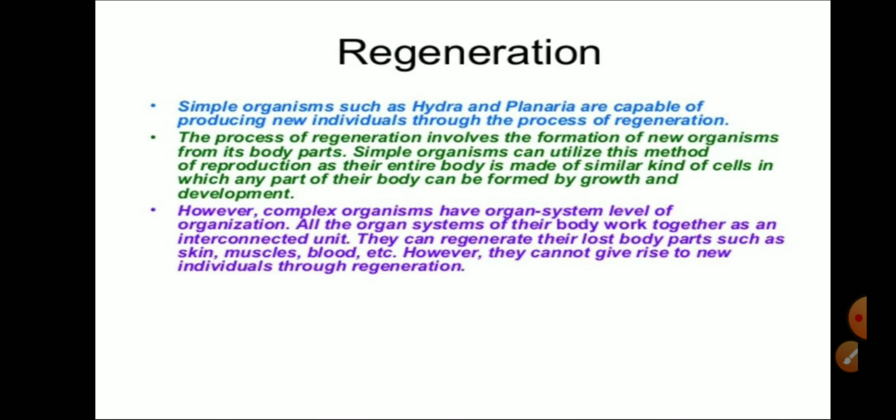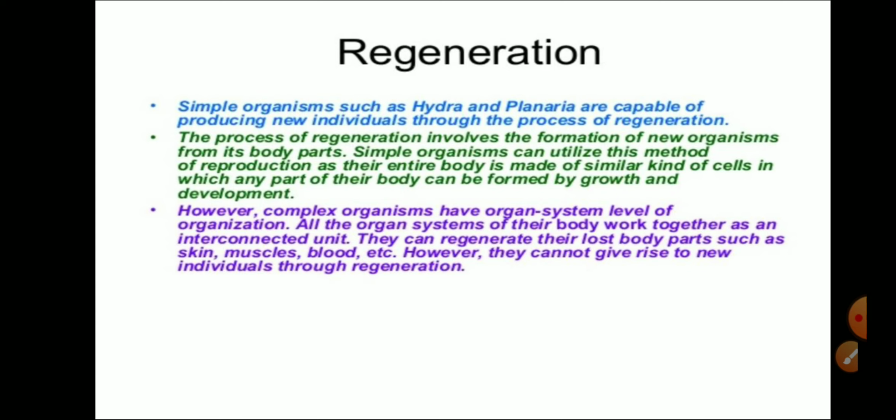Next we have regeneration. Regeneration is the process by which organisms are capable of developing their lost part of the body. So it is defined as a process of formation of a new individual from its lost part.